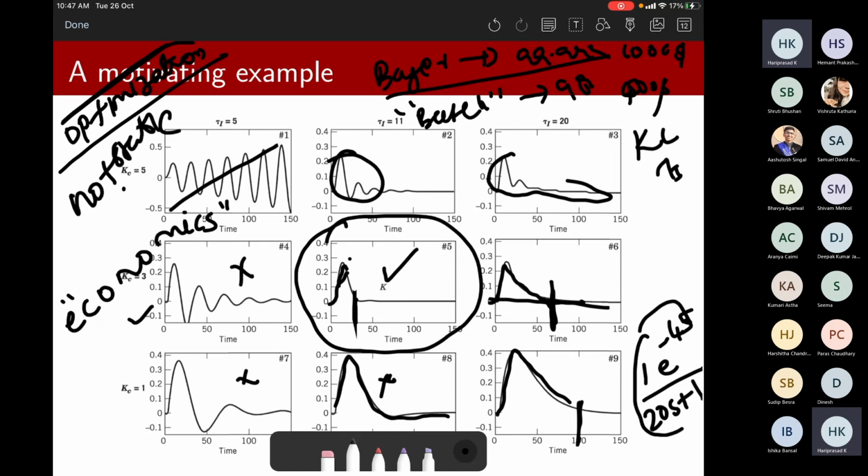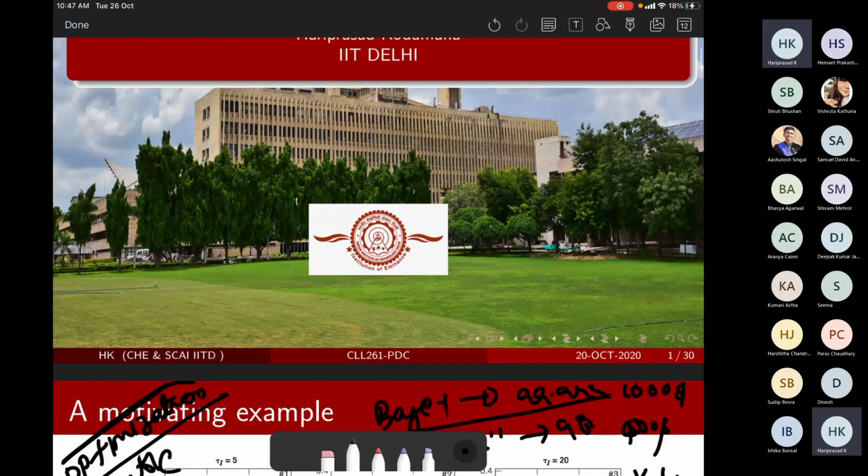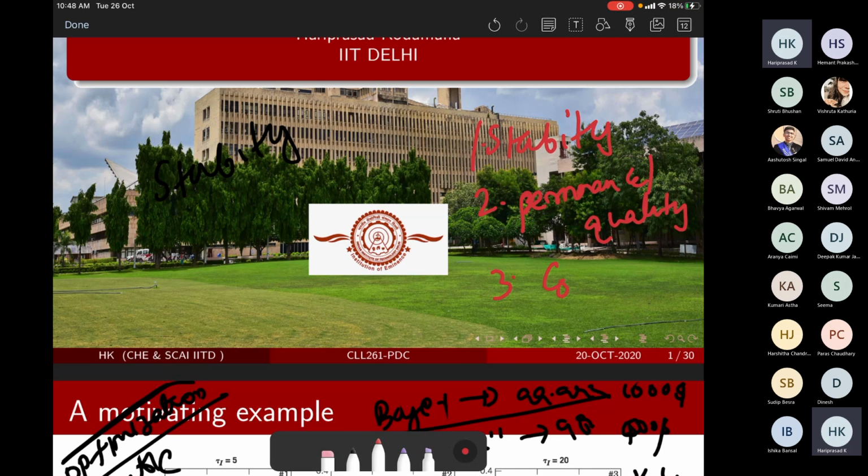If you want to do it on a large scale, you are basically optimizing stability, which you cannot compromise, performance or quality, whichever you would like to say, and the third is cost, economics.